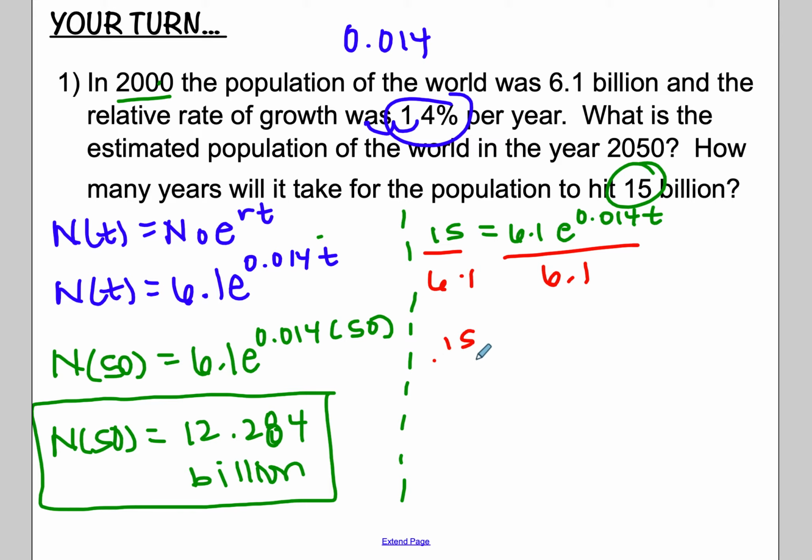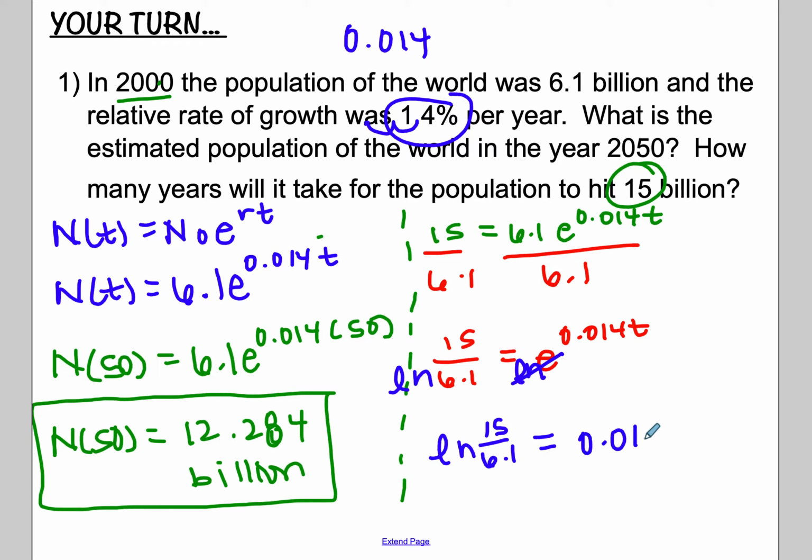I'm going to leave it as 15 over 6.1 equals e to the 0.014 t. Now in order to get my t out of that exponent, I ln both sides. So I have ln of 15 over 6.1 equals 0.014 t. And then to get t by itself, I would divide by 0.014.